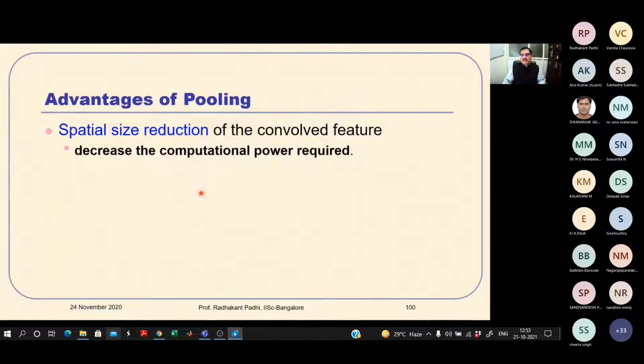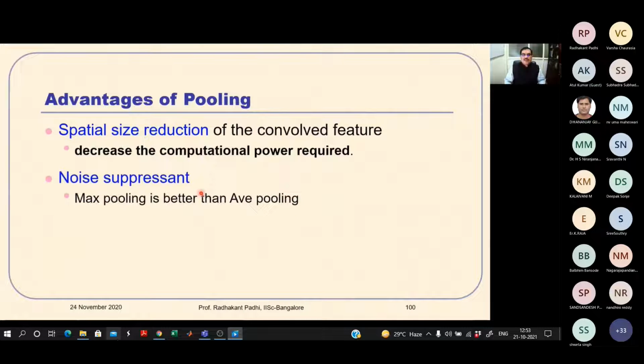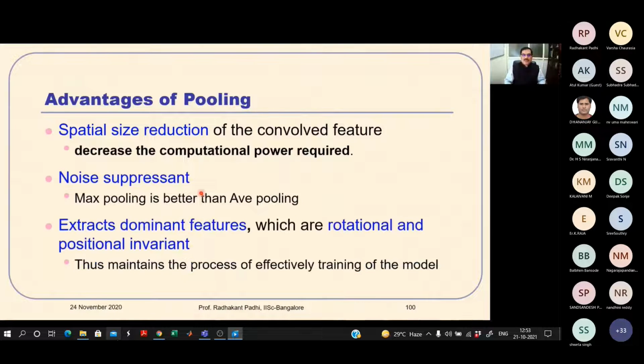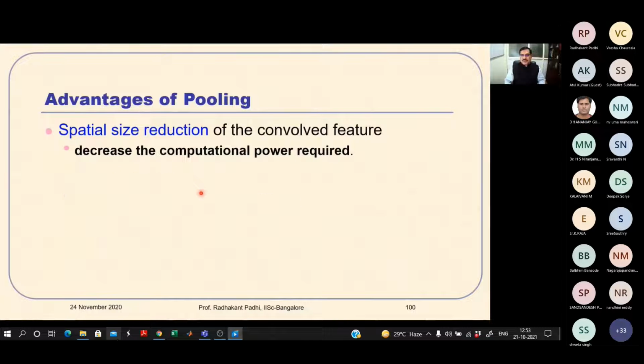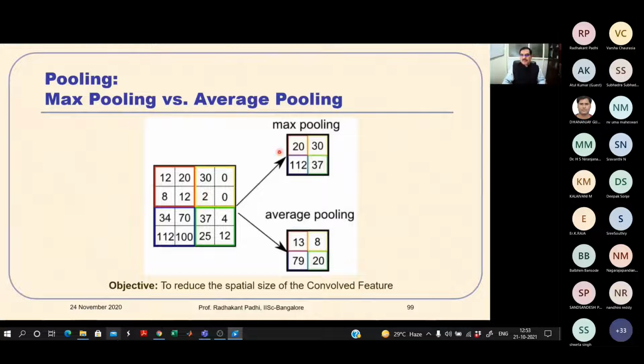All right. So again, the advantages of pooling, I've already told you. Spatial size reduction leads to a decrease in size, so it essentially decreases the computational power required as well. Then noise suppression, I've already told you about that. And then it is capable of extracting dominant features, which are rotational and positional invariant. Because if you assign all the numbers 20, then it doesn't matter where it is located.